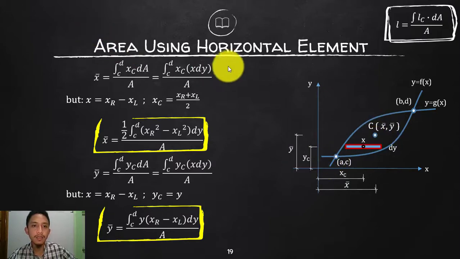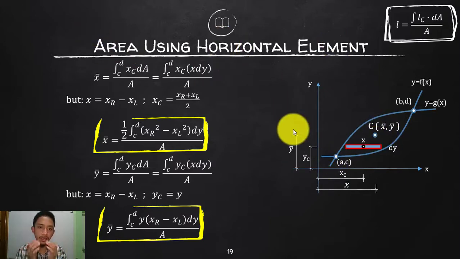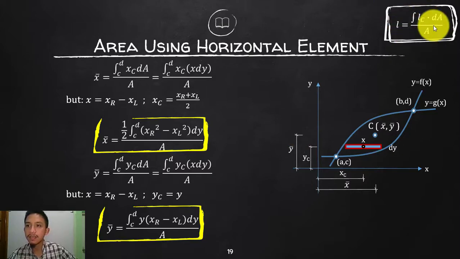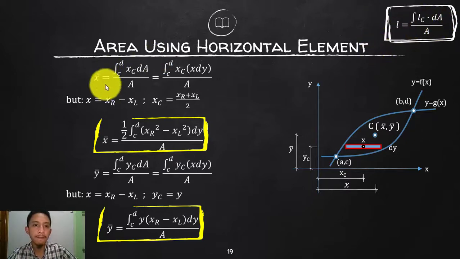So using a horizontal element, let's try to derive our formula for this. This is the general first moment concept, first moment of area. What if we consider here a horizontal element? This is your dA.